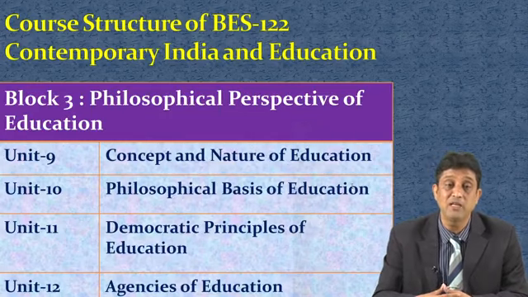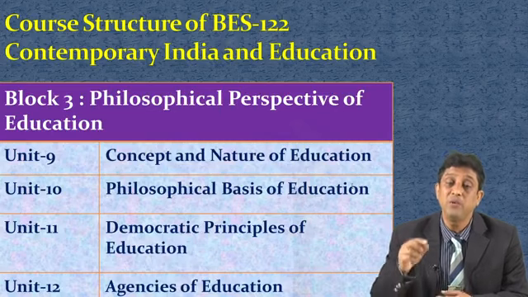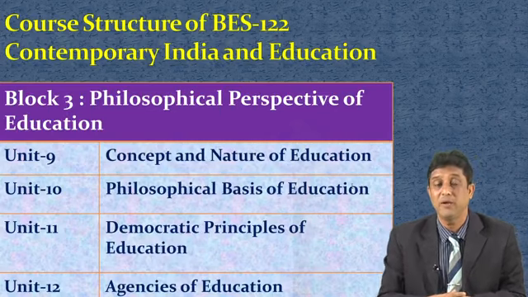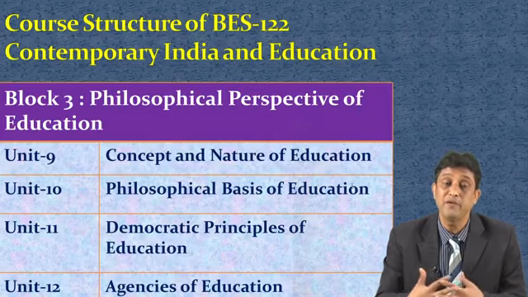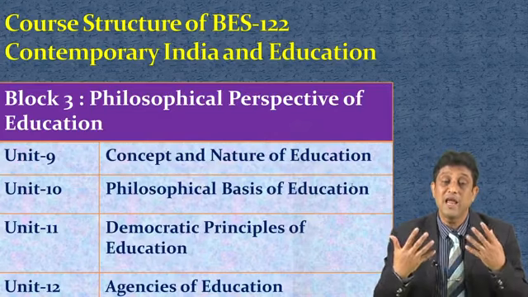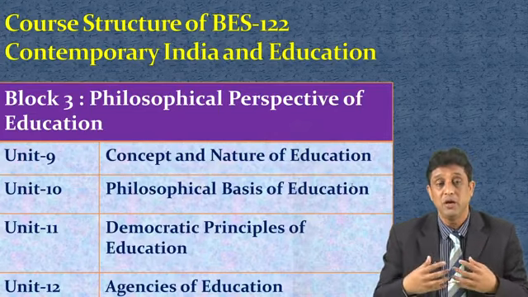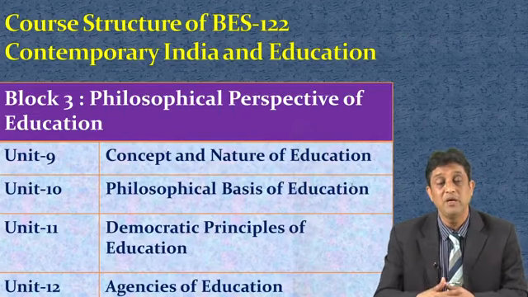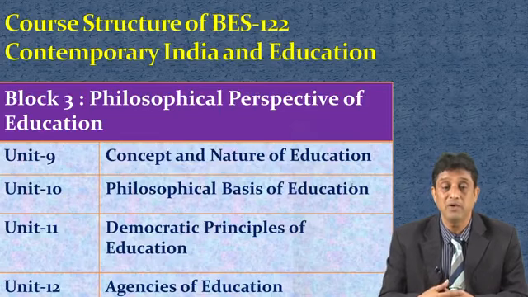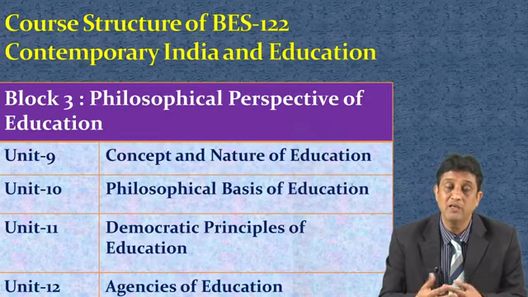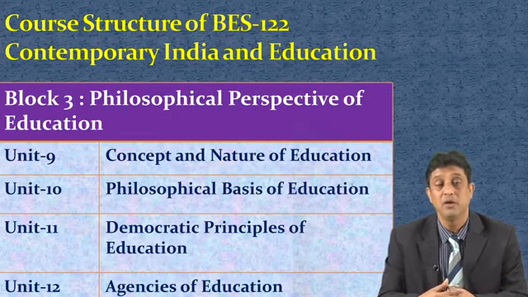When you enter the other units, units 10 and 11, you will get a detailed understanding of the philosophical basis of education, the educational ideas and principles given by different great educationists, Eastern and Western. You can take the example of Indian philosophers and educationists such as Mahatma Gandhi, Rabindranath Tagore, Swami Vivekananda, Sri Aurobindo.